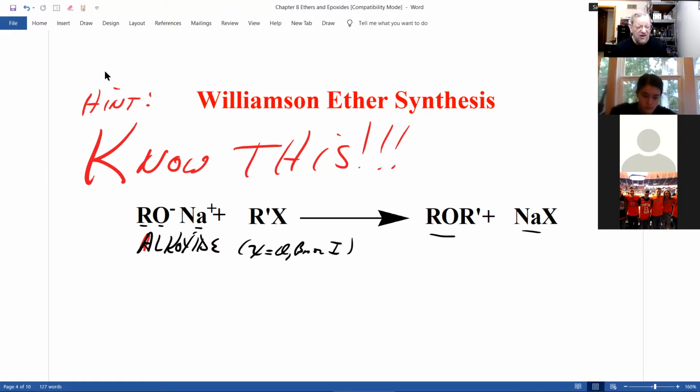Now, the alkoxide attacks. Did I tell you organic chemists are violent? Instead of saying bonds to, we say attacks the carbon with the halogen, and this bond is formed to that same carbon.